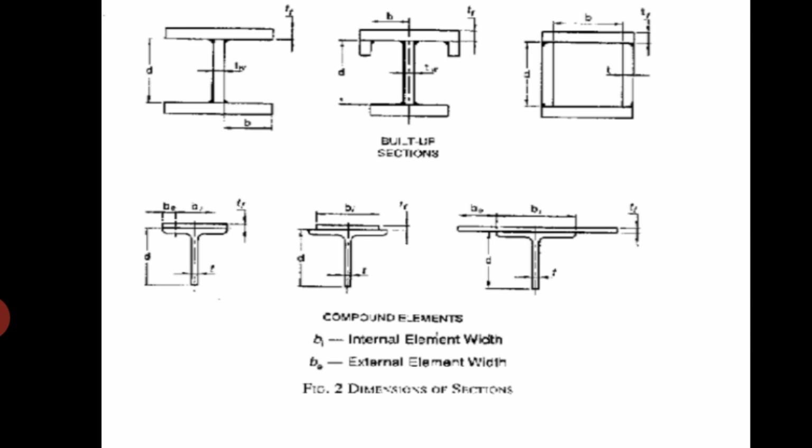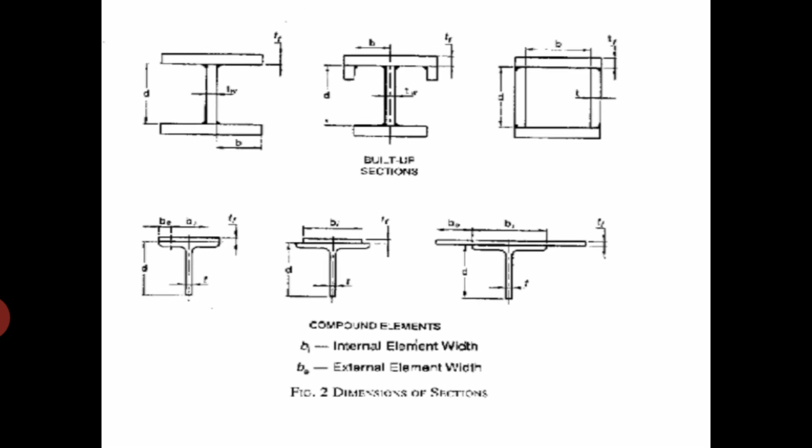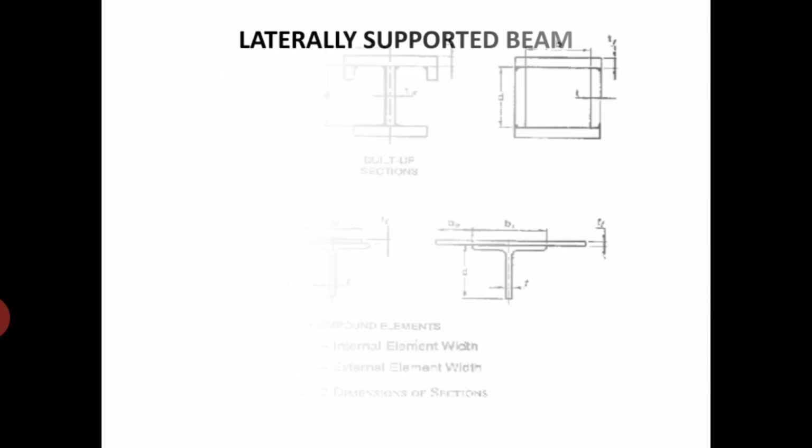For example, flange overhang of an I section, stem of T section, and legs of an angle section. So these are the types of elements given in the code book. Please refer to the code book, you will get details about these built up sections or compound elements.